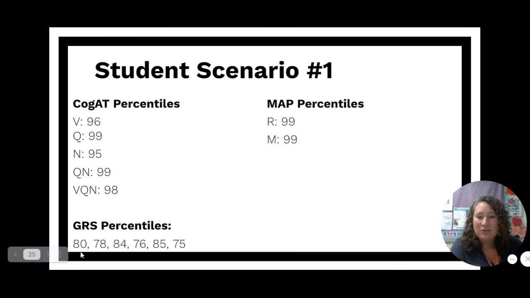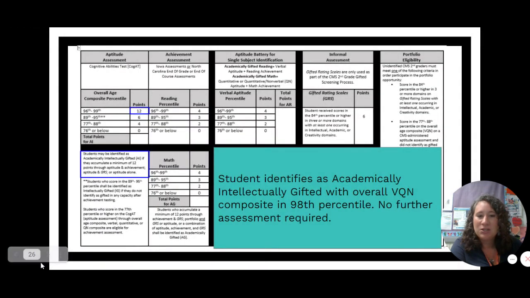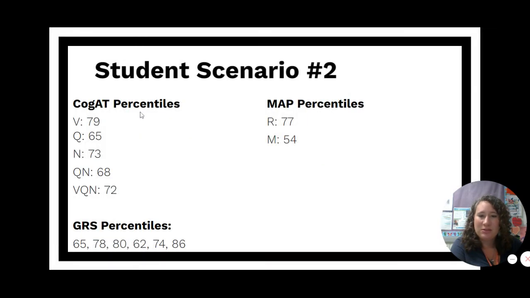The GRS percentiles are 80, 78, 84, 76, 85, and 75, and the MAP percentiles in reading of 99 and math of 99. So as you can see, the student identifies as academically and intellectually gifted, AIG, with an overall VQN composite of 98th percentile. Here in this column, 96 to 99th percentile gives him a total of 12 points.